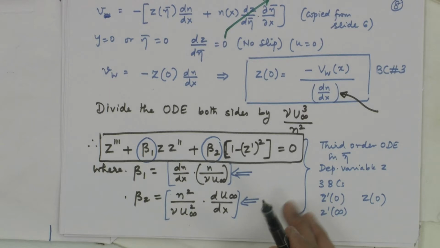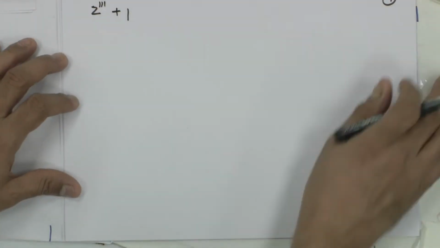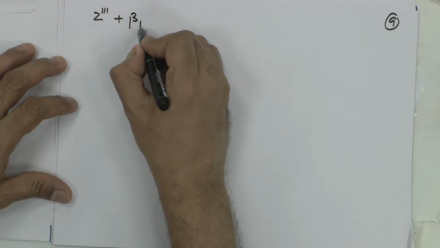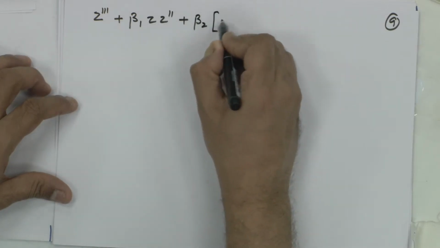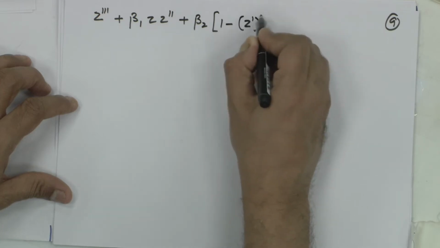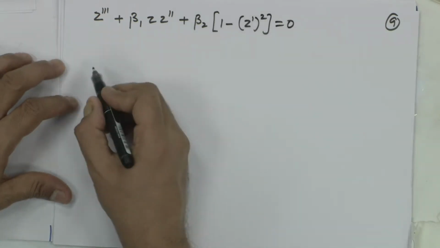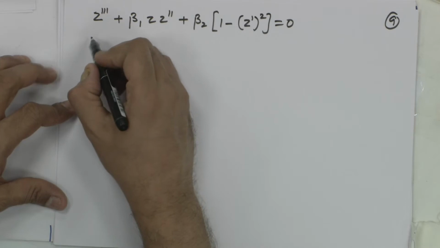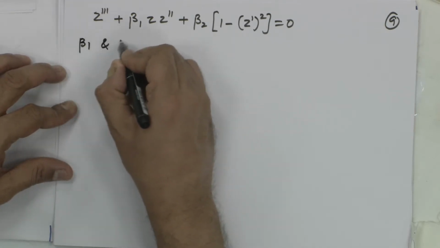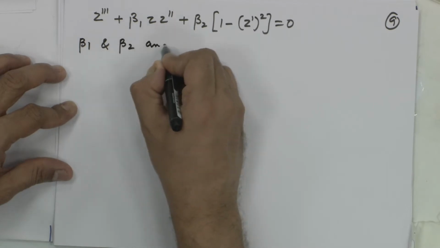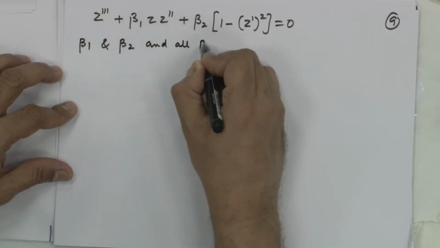Therefore, this equation, slide number 9, z triple prime plus beta 1 z double prime plus beta 2 times 1 minus z prime squared equal to 0, will admit similarity only if there is no x or y dependency in beta 1 and beta 2 and all the boundary conditions.